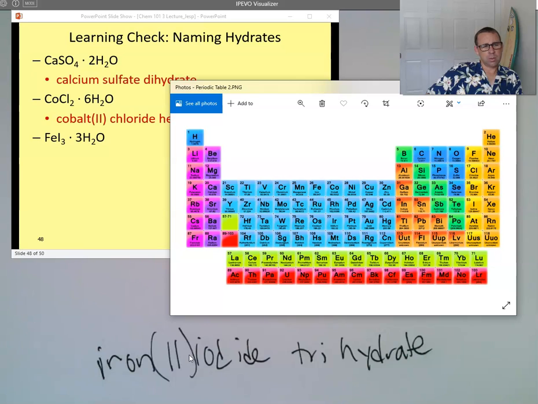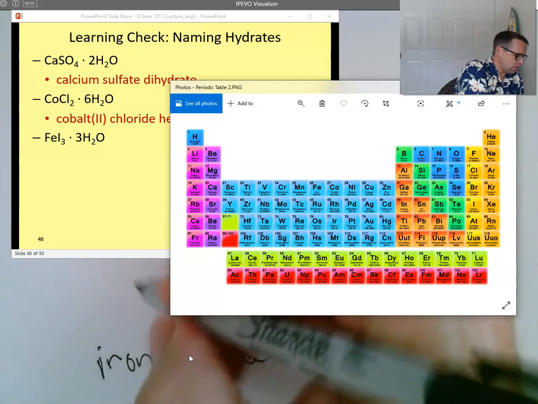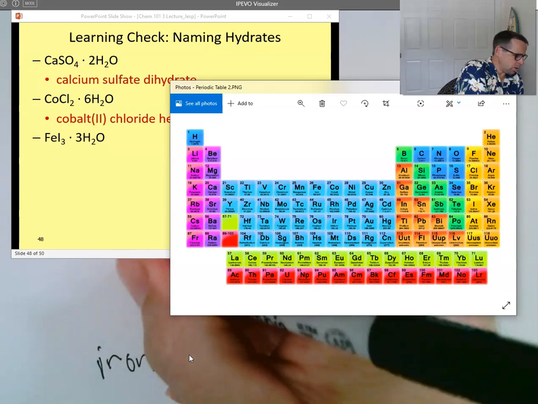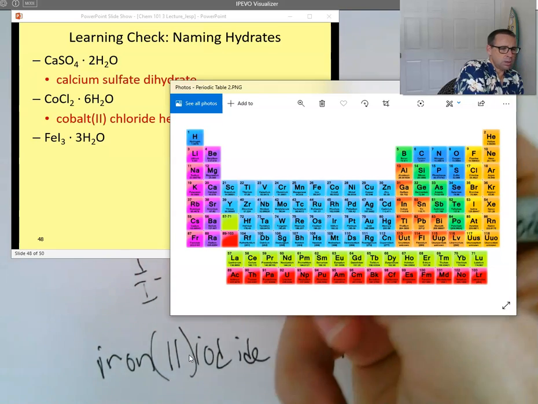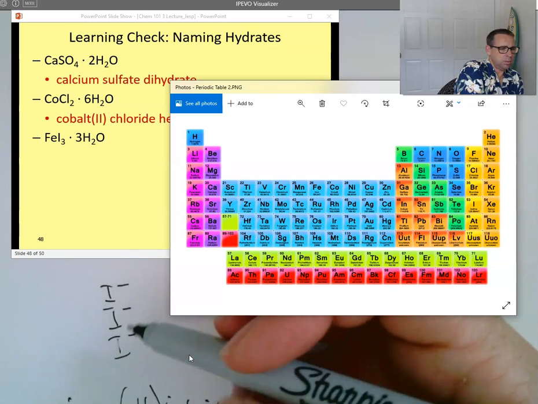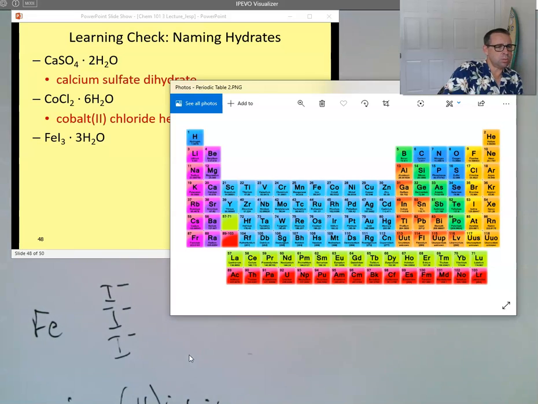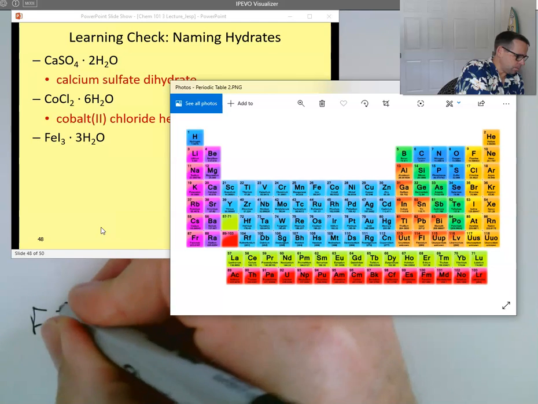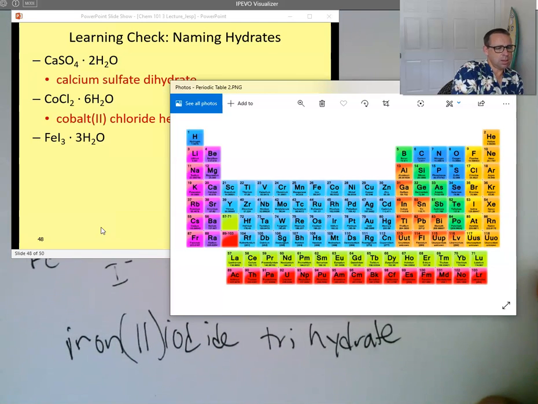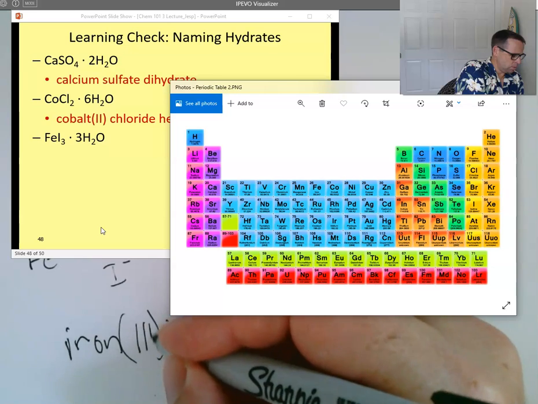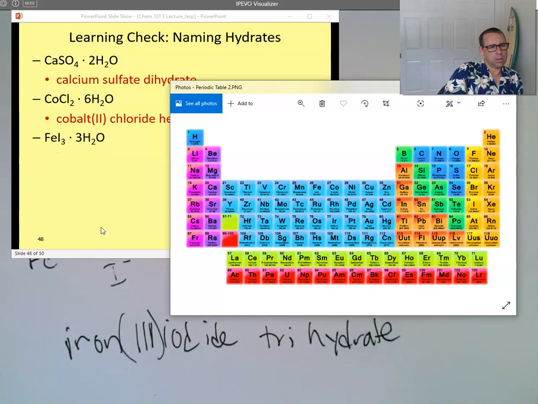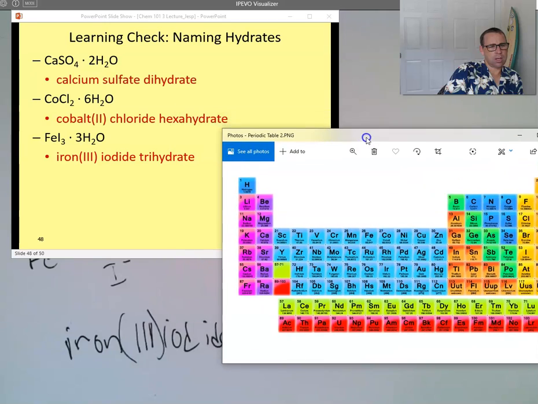And there were 3 that were necessary, right? We needed 3 of these. 1, 2, 3. How many irons did we need? No, it says right there, just 1 iron and 3 iodides. So what must the charge be on the iron? Plus 3. So what does that mean? We're supposed to title it iron what? Iron 3 iodide trihydrate.